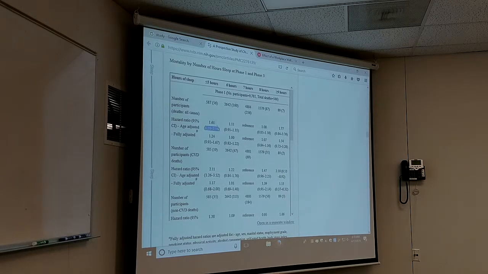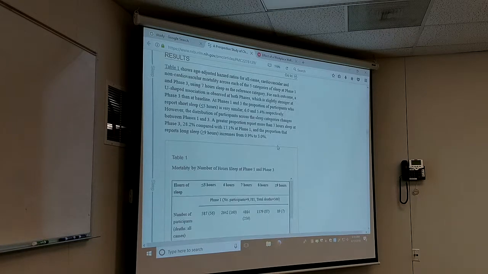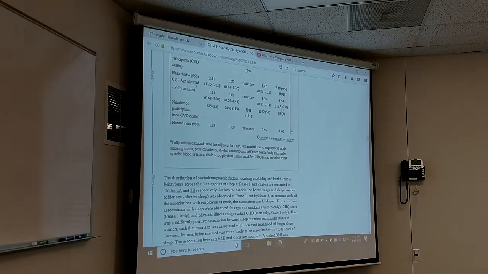Yeah, so the hazard ratio sounds like something that's going to make you die. So the smaller that is, it seems like the better it would be. You sleep more than 9 hours, it goes way up, but look at the uncertainty. Do you see what I'm saying? Like the uncertainty. I can't really zoom in either.